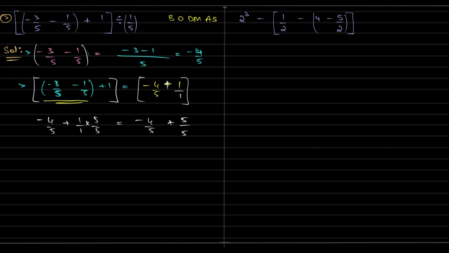And we have our fractions. So negative 4 by 5 plus 1 by 5 is negative 4 plus 5 divided by 5, right? So here we are going to subtract, and the result is negative 1 by 5.